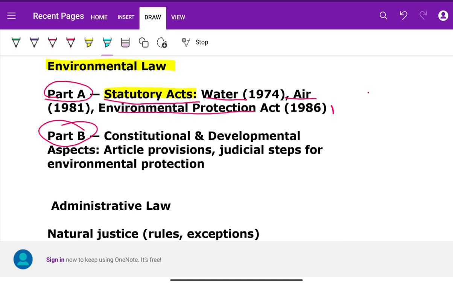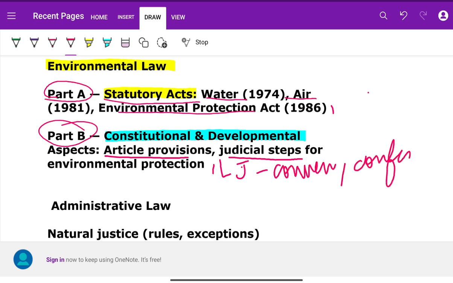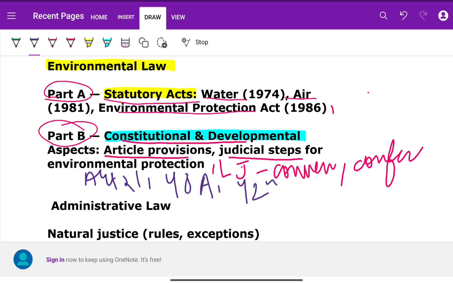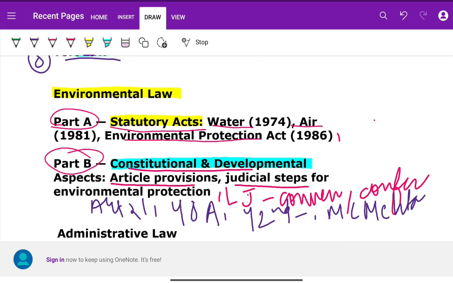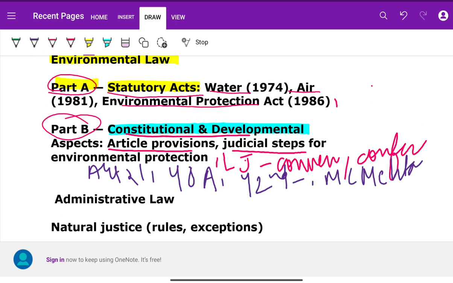And the second part is the constitutional development of the environmental law, in which the provisions of the articles and the judicial steps, landmark judgments that helped in development of the law, various conventions and conferences that took place that led to development of the environmental law, like Article 21, 48A and 42nd Constitutional Amendment, MC Mehta case, polluter pays principle. All these principles and doctrines you have to cover in part 2. So environmental law is of 2 parts, 1 and 2.